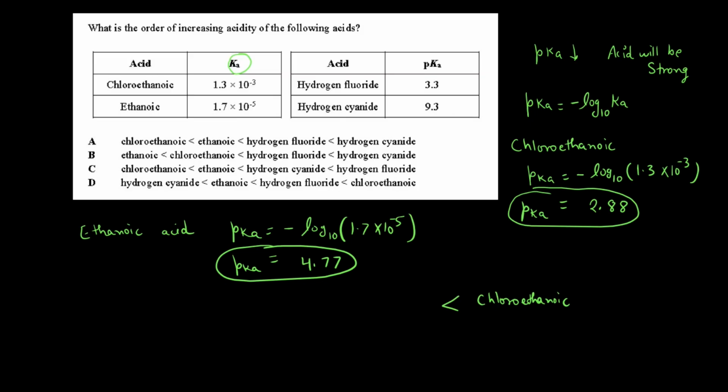Then higher than 2.88 is 3.3, so the next, less strong, will be hydrogen fluoride, and then ethanoic acid, and then hydrogen cyanide. So the option is D. The correct option is D.